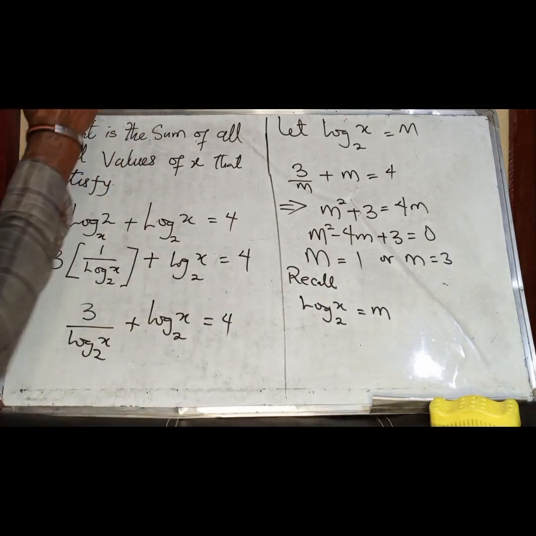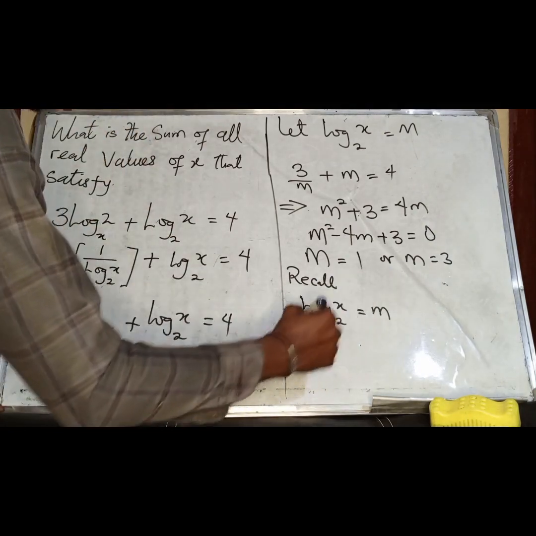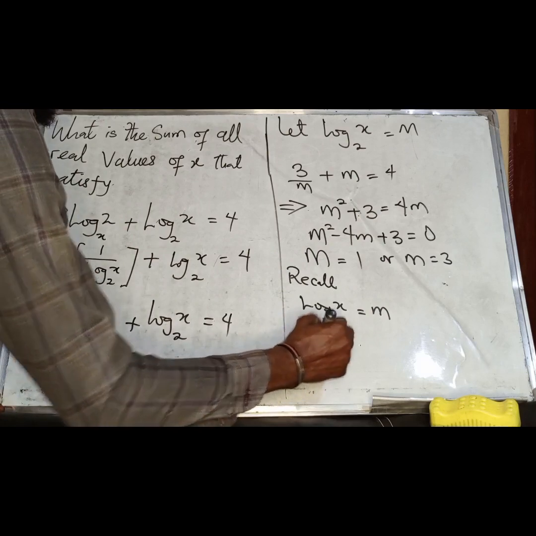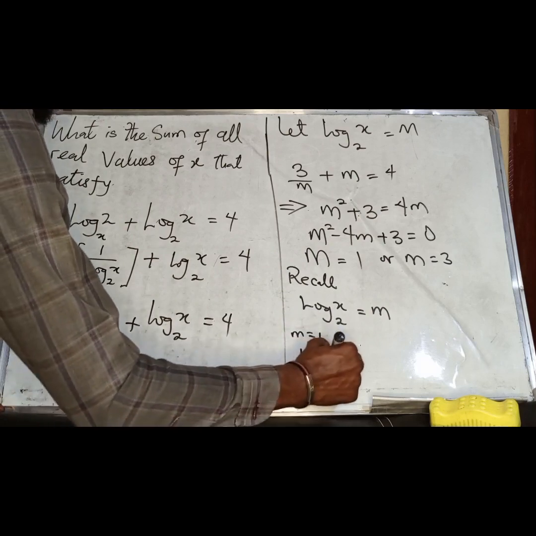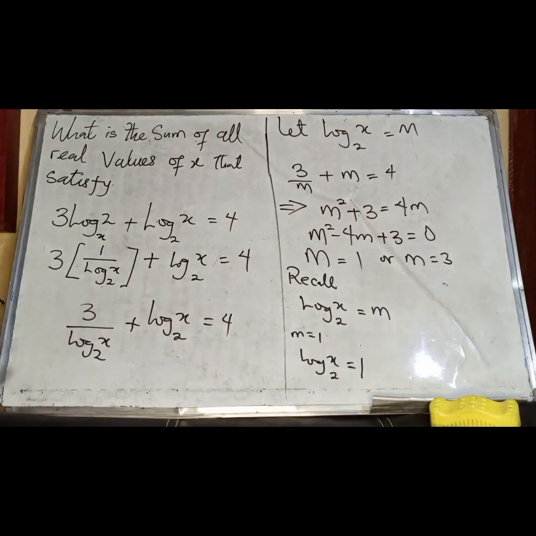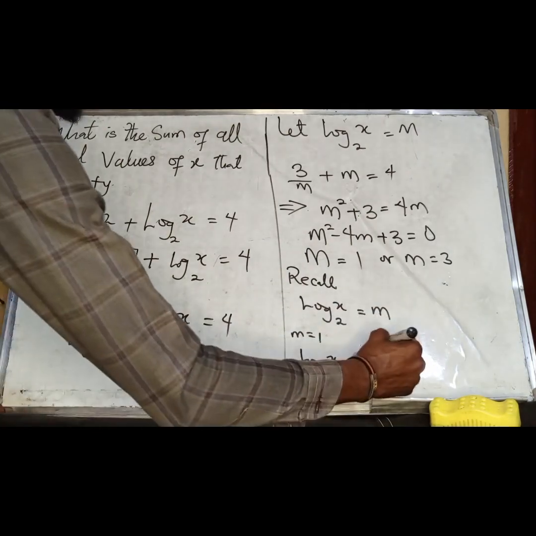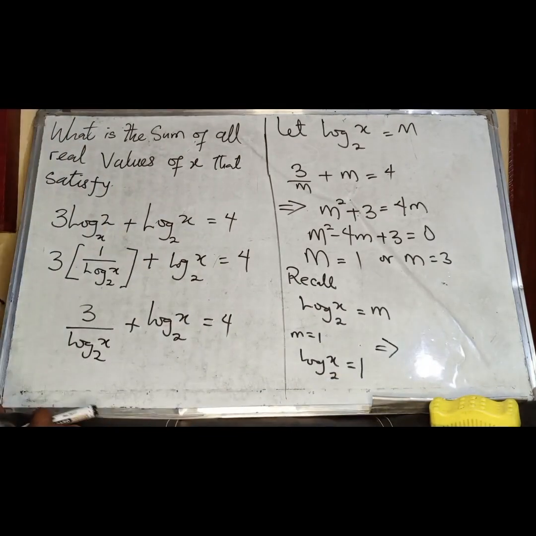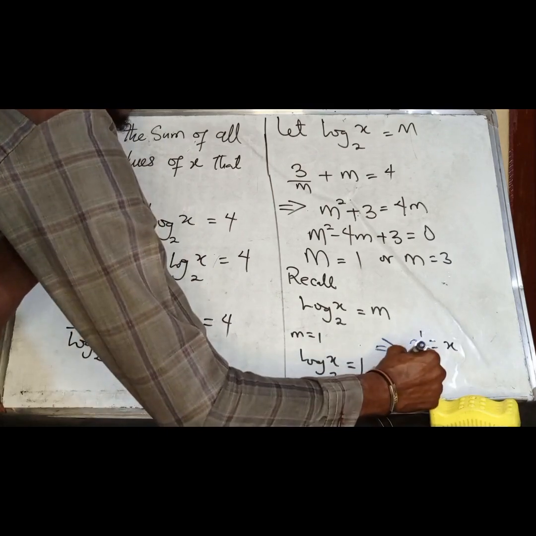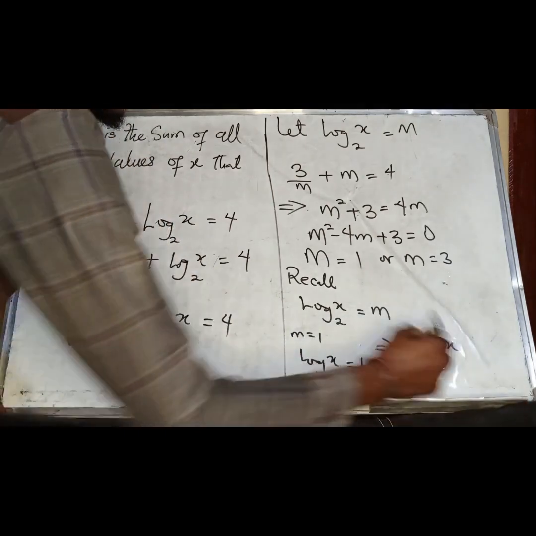So I'm going to substitute directly. When m is equal to 1, I have log x base 2 equals 1. So I want to obtain my first value of x. This implies 2 raised to the power of 1 equals x. So finally, x is equal to 2.